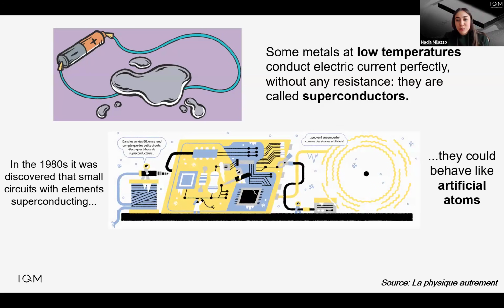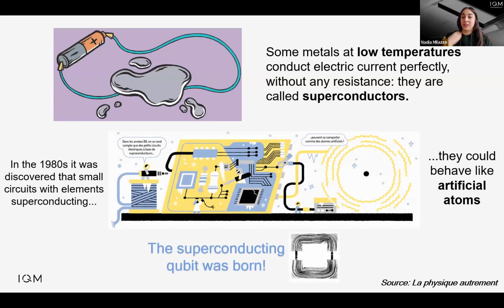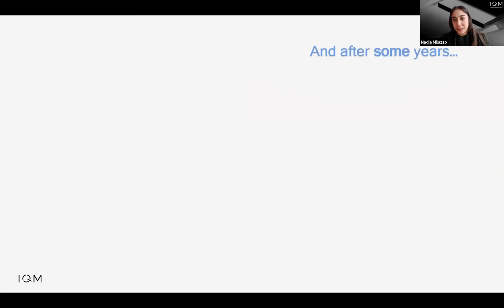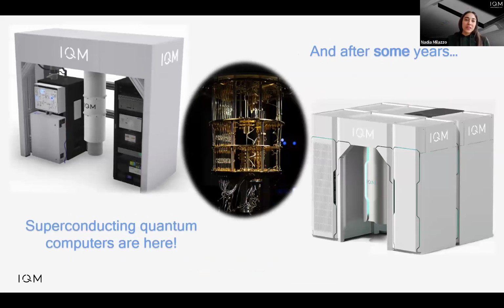And this is the moment where the superconducting qubit was born, because the superconducting qubit is nonetheless a superconducting circuit. But we had to wait some years, around 40 more or less, to make use of this discovery. And here we are today with the superconducting quantum computers.